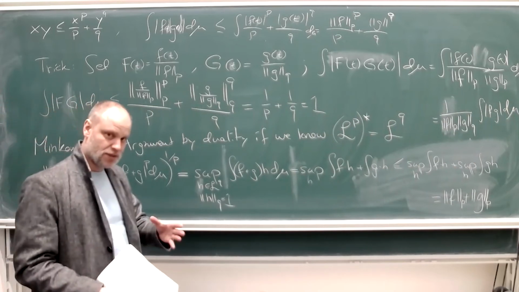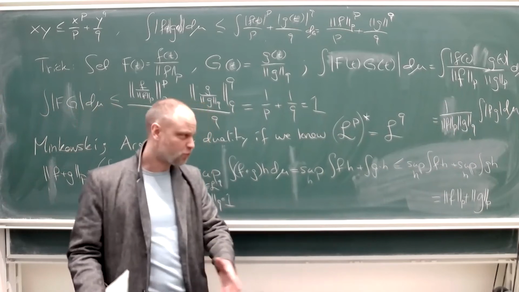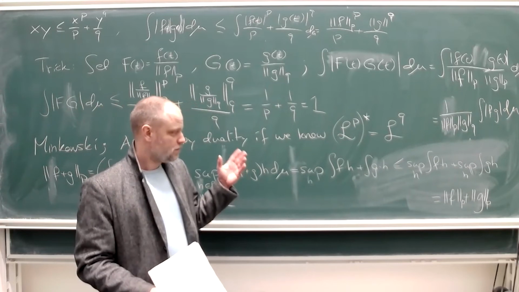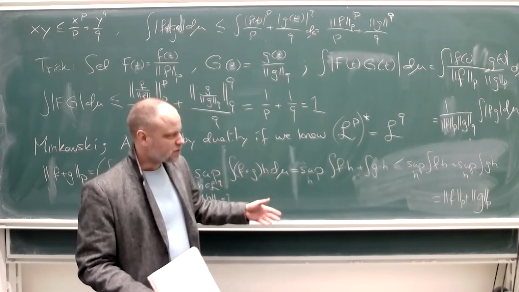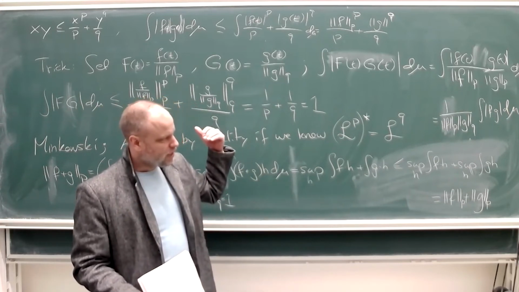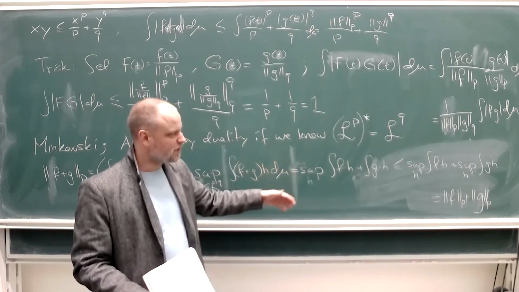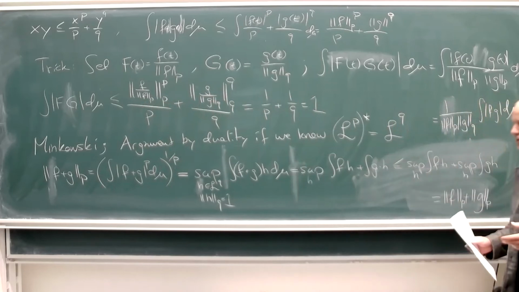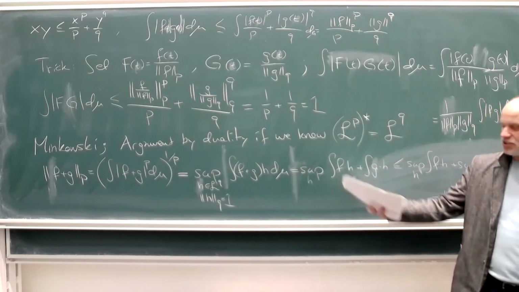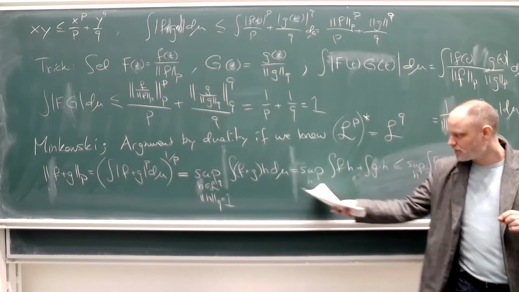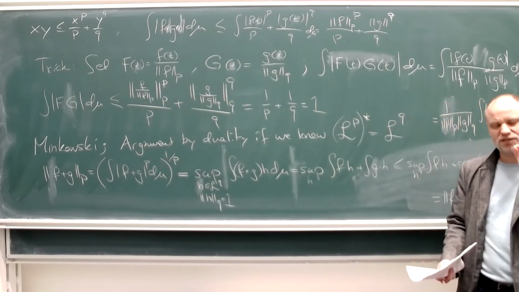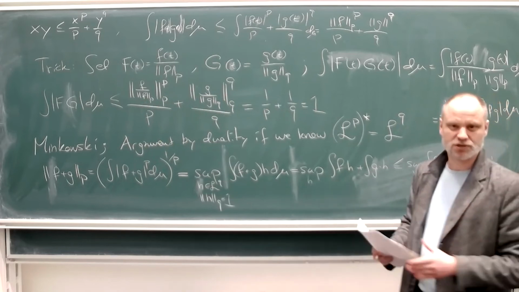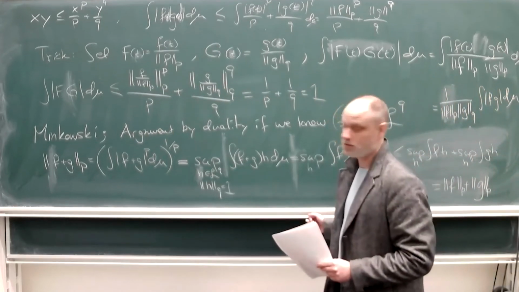Having duality. But you can't have duality before you even prove that L^p is a Banach space or semi-Banach space. So how do we work out something similar without having this tool? Well, we just have to pick the right guy h. Instead of relying on this supremum here, we just have to pick a really smart choice of h that's going to do the similar trick here. So that's the idea.